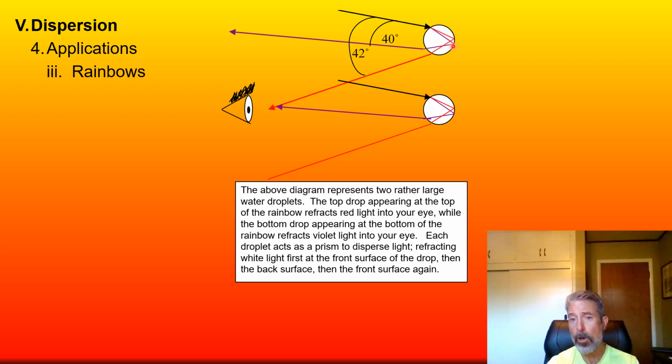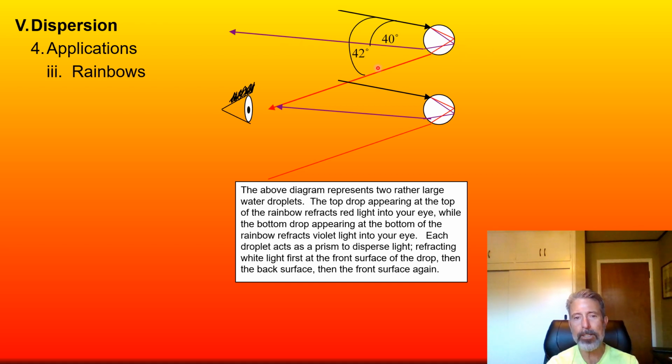You'll notice though there's also, when the light hits the back of the droplet, it gets totally internally reflected, and then it exits out the other side of the droplet. So you'll see here that for water droplets high up in the sky, the extreme refraction of that violet light means that when you're standing on the ground, that light will miss your eye.